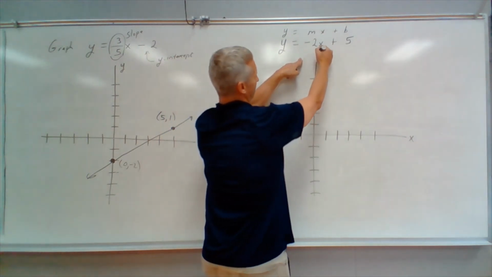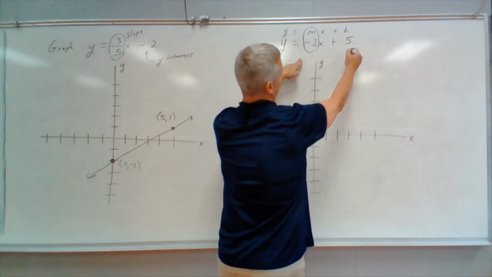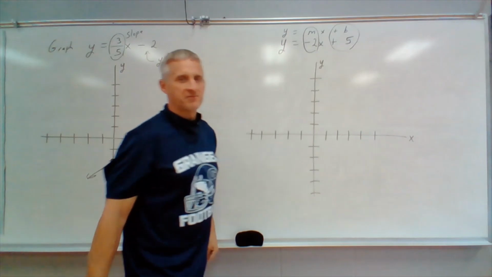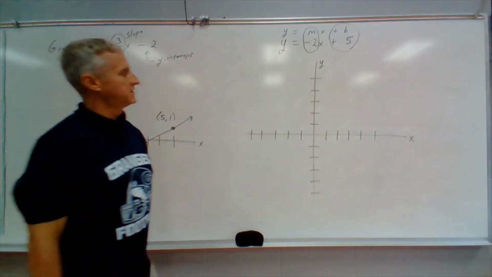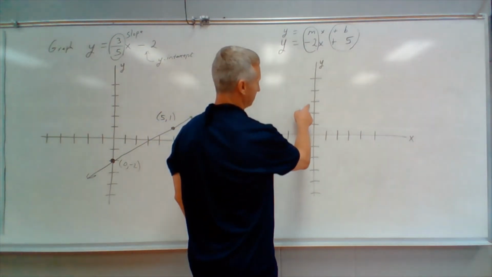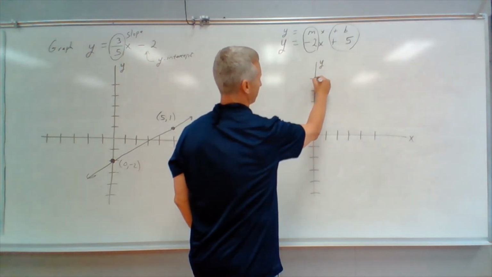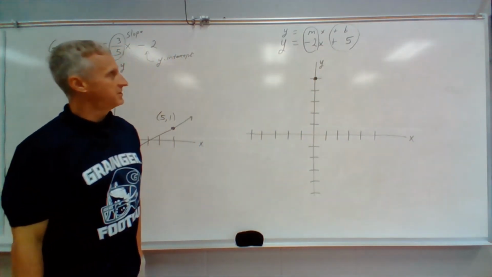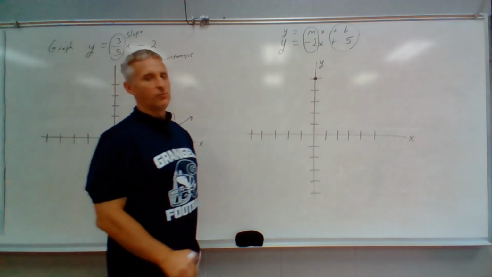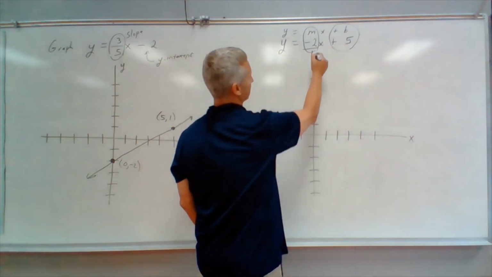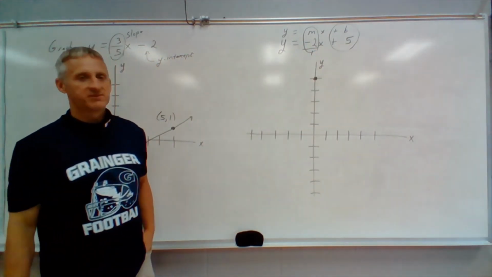My slope is -2, so let's put a 1 underneath that -2. -2 over 1 is the same thing as -2. So this says my change in y is -2 and my change in x is 1. That means I should go down 2 and right 1.